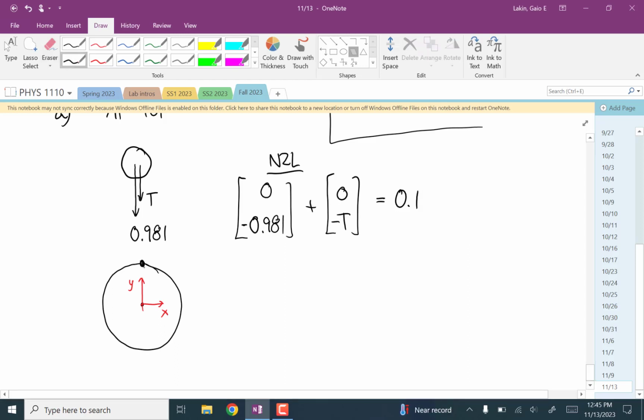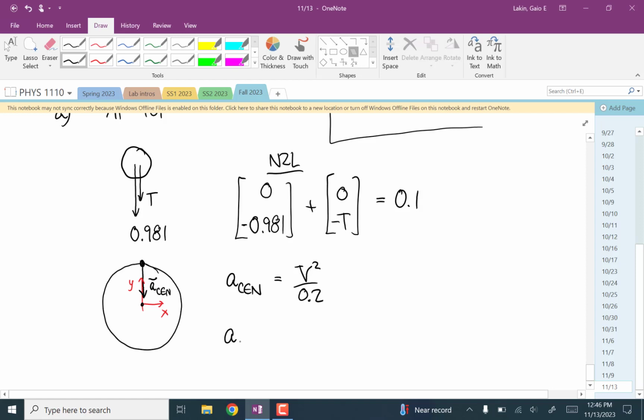The centripetal acceleration then is toward the center of the circle. So there's the centripetal acceleration. The magnitude of that centripetal acceleration is v squared over r. Do we know what r is? Radius? Yep. 0.2.